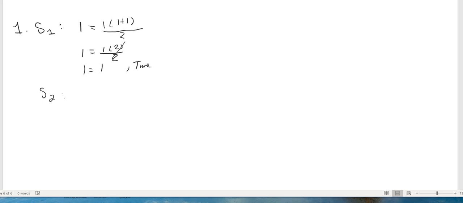The first two natural numbers, so 1 plus 2. And the formula was n times n plus 1 over 2, right? So then here you plug in a 2 there and a 2 there. So it's 2 times 2 plus 1 over 2. So this is 3.